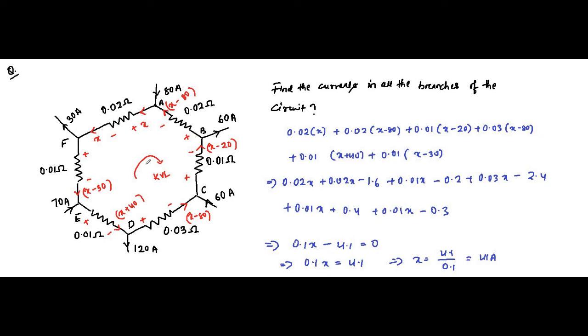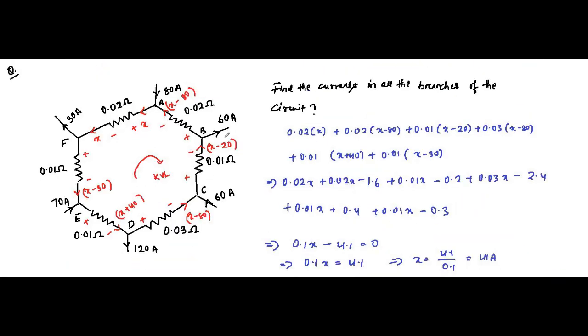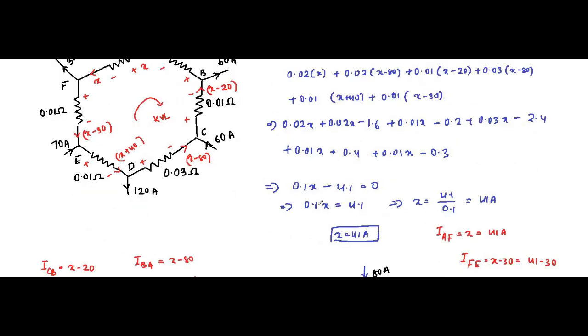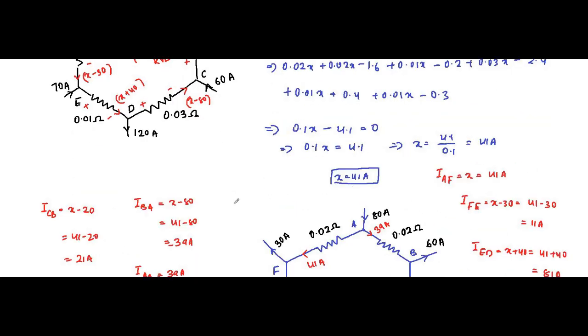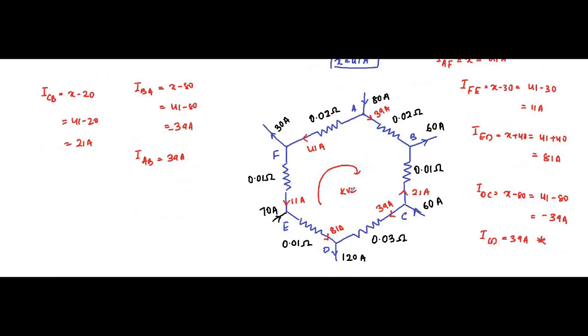First we applied Kirchhoff's current law at each node to find the branch currents in terms of X, then applied KVL in this closed loop to get this equation, then just basic mathematics, and we got all the currents in the individual branches.